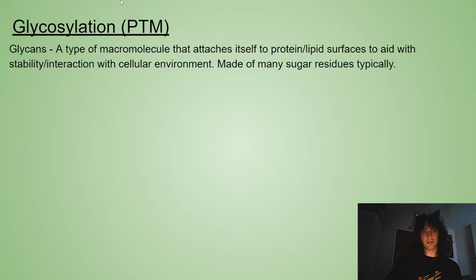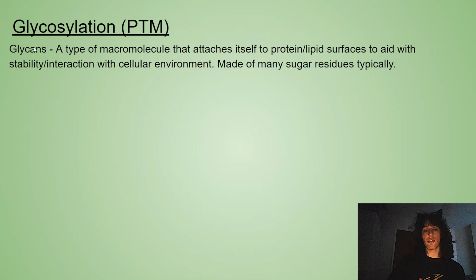So what is glycosylation, which is one of the most important post-translational modifications? So you have your acetylation, phosphorylation, glycosylation. This is where glycans attach to your protein, and these are a type of macromolecule to aid with stability and interactions with your cellular environment.